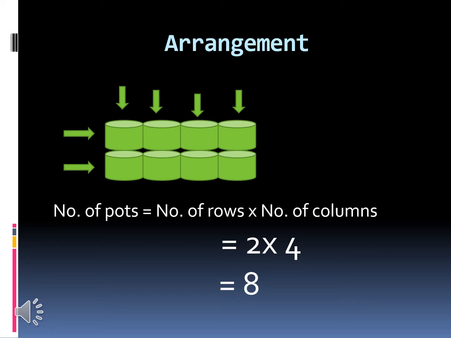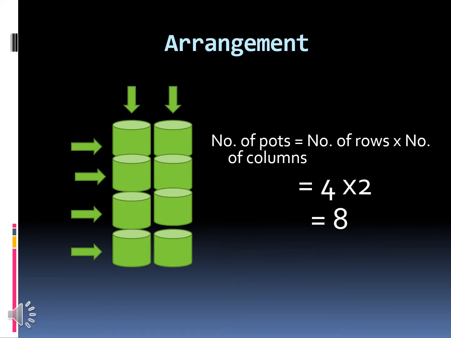Another arrangement could be 2 rows and 4 columns to make it 8. 2 4s are 8. Next is 4 rows and 2 columns, which will also give you 8 pots. 4 2s are 8. So these all are the possible arrangements.